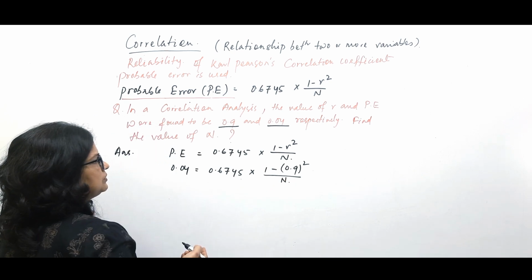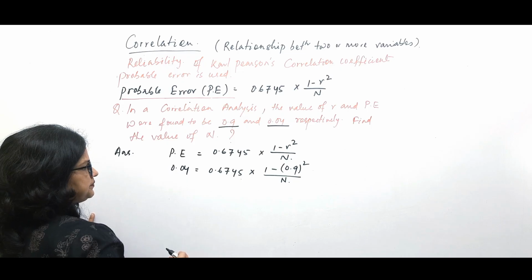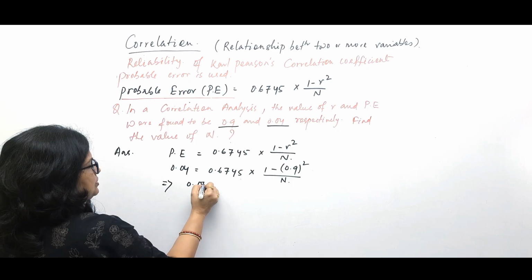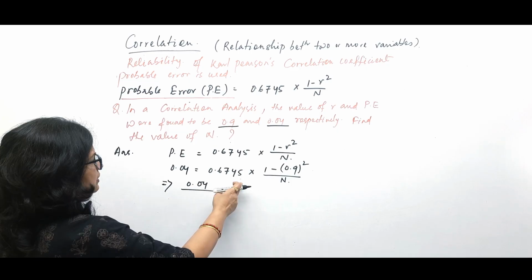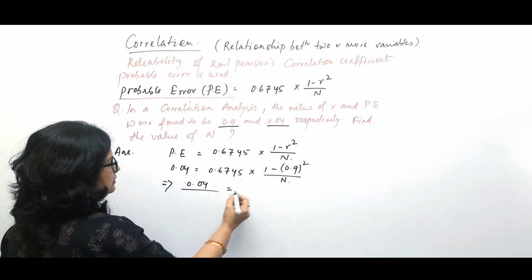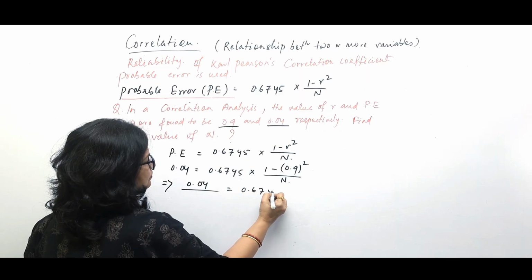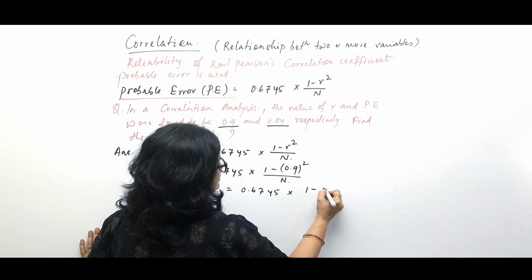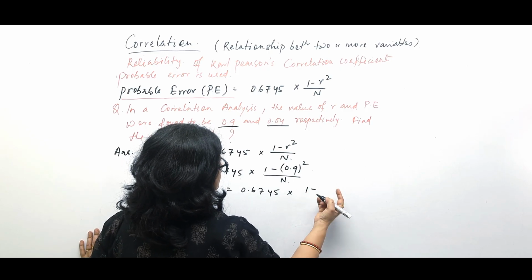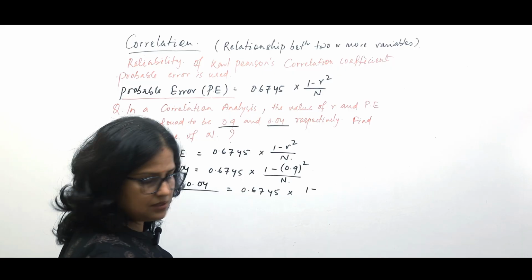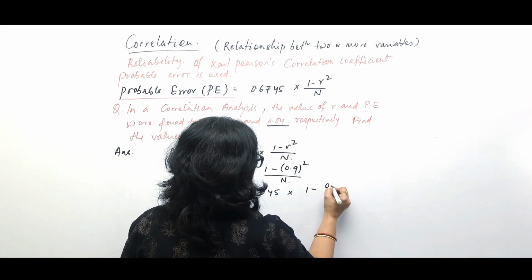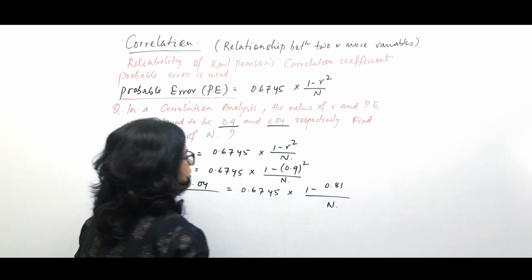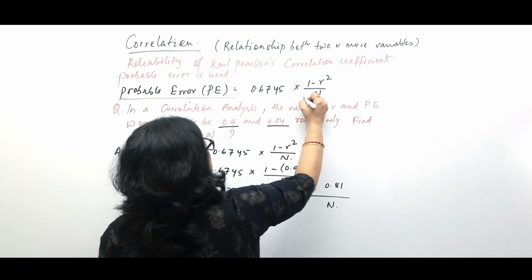See how we are going to calculate it. You can take that 0.04 and write it like this: 0.6745 into 1 minus 0.9 square, this is 0.81, divided by n.